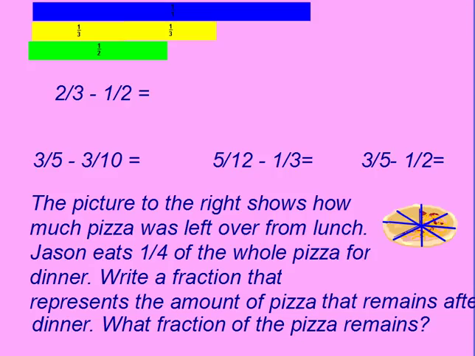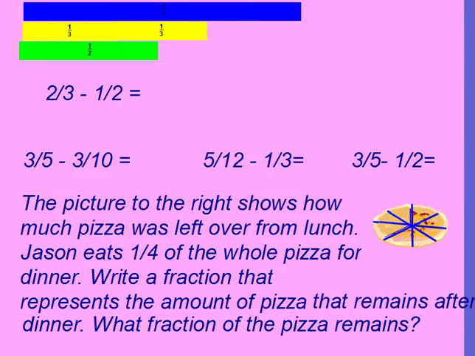So that means we have to break this evenly into fours. So if we would break it evenly into fours, we'll want a different color. That would mean of the whole pizza, so we're talking the whole thing. So if I broke it into fours, how many pieces would he have eaten?